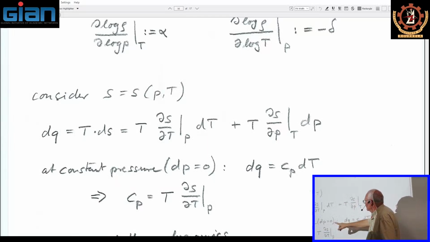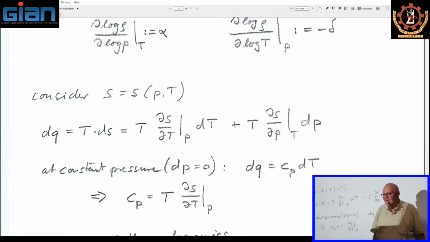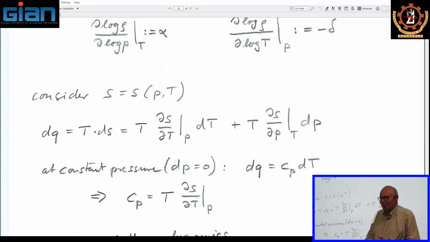That means dq is something like dT. Well, if we put heat into our system and the temperature changes and the pressure is constant, then the coefficient of the change of the temperature will be the specific heat at constant pressure.